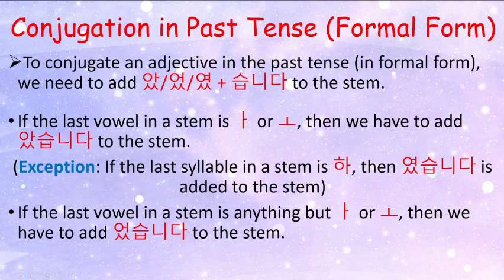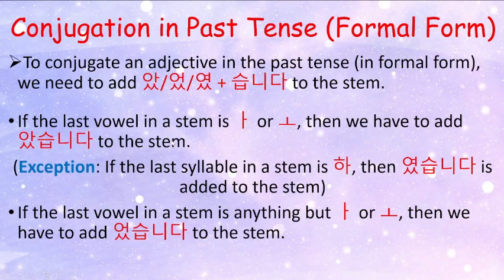If you want to conjugate an adjective in the past tense in formal form, what you have to do is you need to add either asimnida or osimnida or yosimnida to the stem. Okay. Now how are you going to determine which ending you have to attach to the stem? So here's the rule.